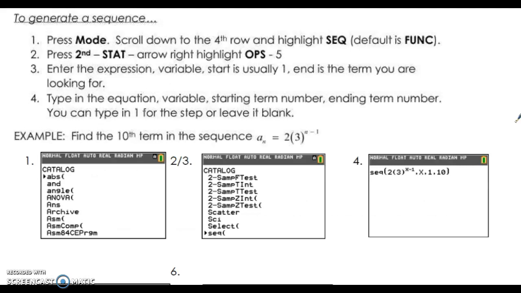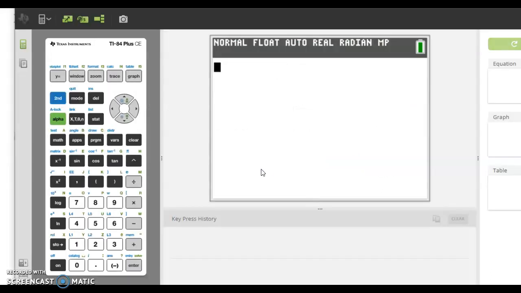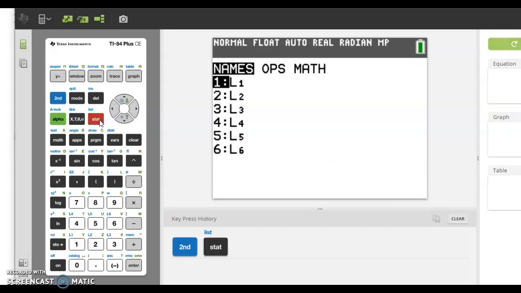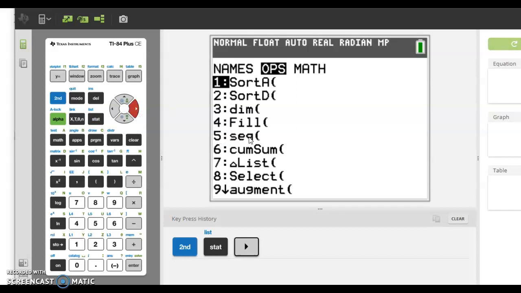All right, so to generate a sequence, just how to do this on the calculator. Okay, so you actually don't need to do this anymore. This is old, from before the update. So let me turn my page here so I can get the numbers to type in. For example, if we want to put in a sequence, we go to second, stat, and then we go over to ops, and then option 5 is sequence.